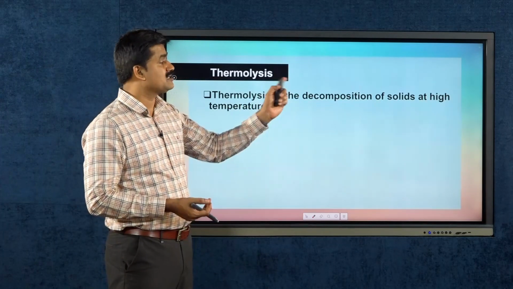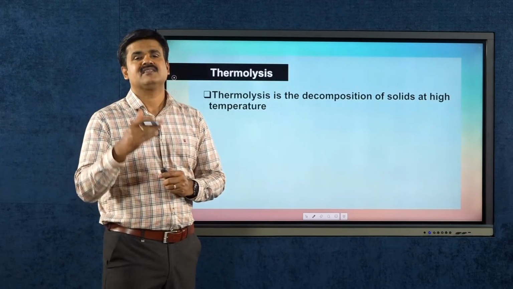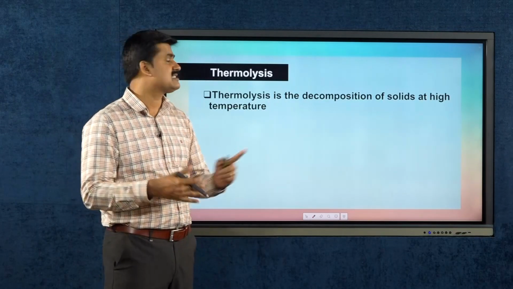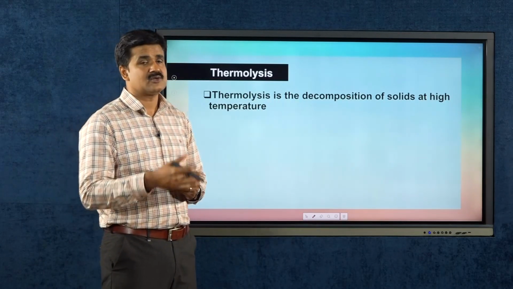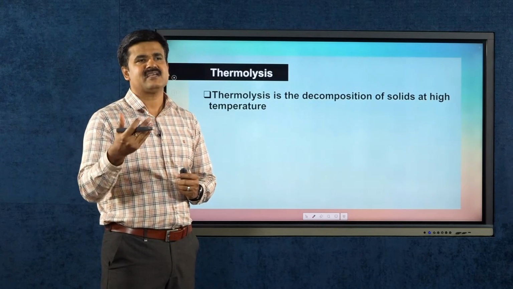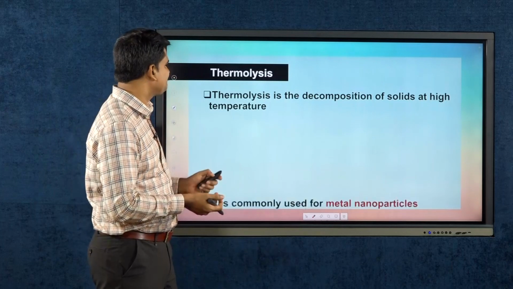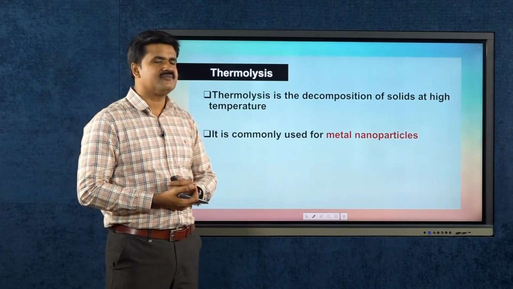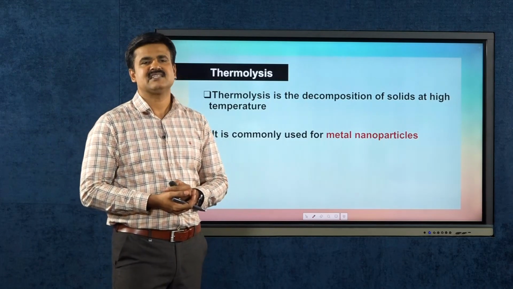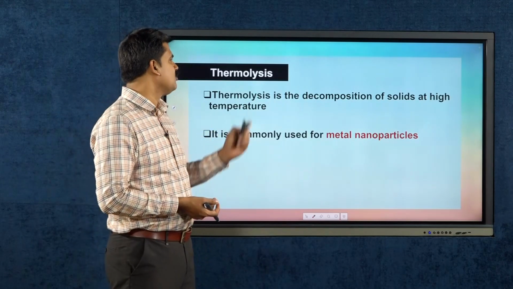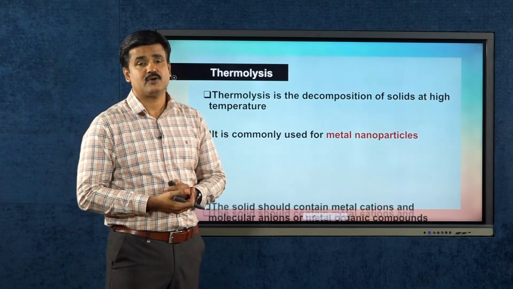So, the starting material must be in the solid state, and in thermolysis, we are performing the decomposition of the solids at a high temperature. So, heating and breaking, those are the terms used in thermolysis. It is commonly used again for MNPs, metal nanoparticles. As in the previous RF plasma method, thermolysis is also highly useful for the creation of various kinds of metal nanoparticles.